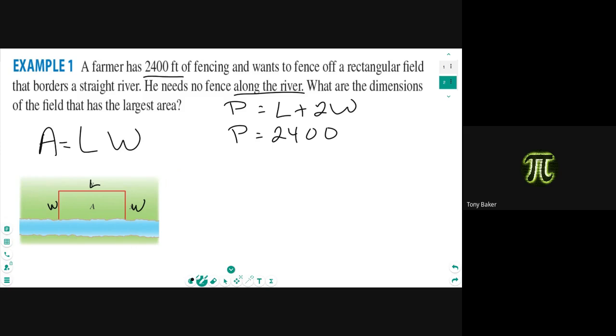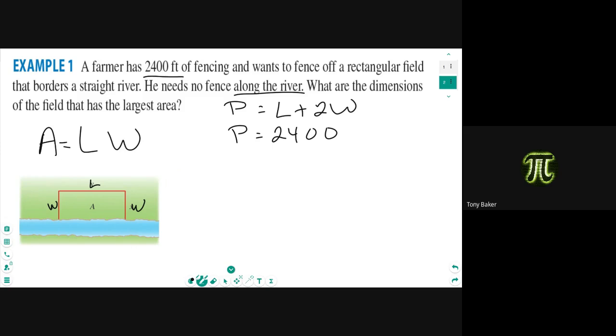My personal suggestion to you is never use X's and Y's. Use something that makes sense for the problem. Because what will end up happening is you use the X's and Y's, and then at the end you have to try to figure out what they meant. So it's an extra step. In this problem, we're talking about length and width, so use L and W. It doesn't matter what letters we use. None of the math actually changes. So in this case, we're going to use L and W.